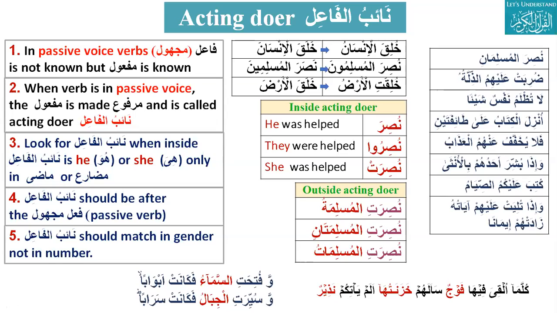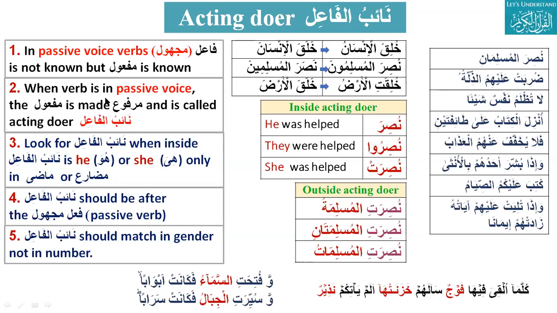So next we will go to the next ayah. I would ask Farhan bhai. Unzila al-kitabu ala taifatayn. Now what is the passive verb here? Unzila. What is the active verb for unzila? Anzala. So what will be the naibul fa'il? Al-kitabu.